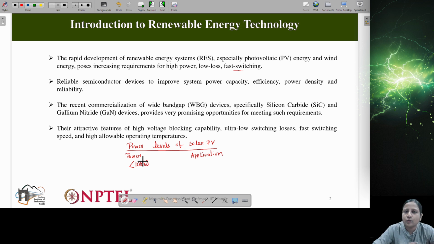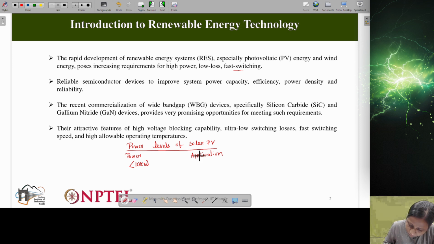It can be anything between 0 and 10 kilowatts, like 500 watts, 1 kilowatt, 1.5 kilowatts. It is mainly in use for household applications, and it can also be used for small commercial applications, not large commercial ones. Mainly it is focusing on residential or small commercial applications.